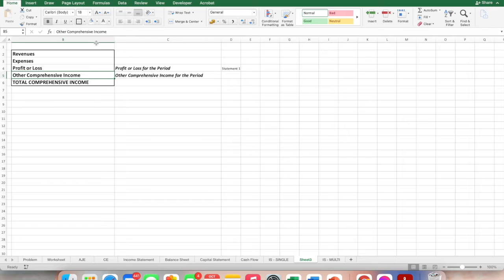Then after nyan, i-add or less natin yung other comprehensive income, which is consisting of yung mga revaluation adjustments, yung mga topics na yun, mas may discuss yan on the intermediate accounting 3. Okay, but just a quick overview lang, mayroon tayong tinatawag na other comprehensive income. Ito yung tinutukoy ditong statement number 2. Okay? So, ayan yung tinutukoy dyan na statement number 2.